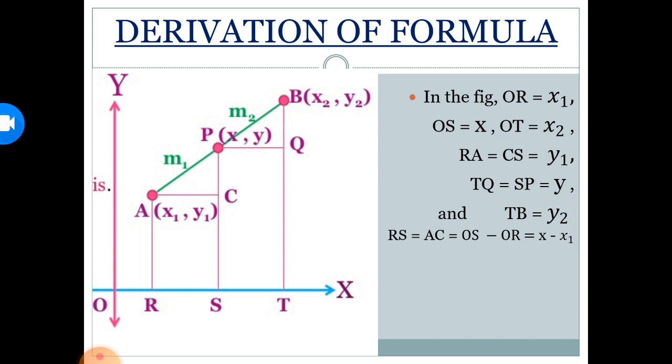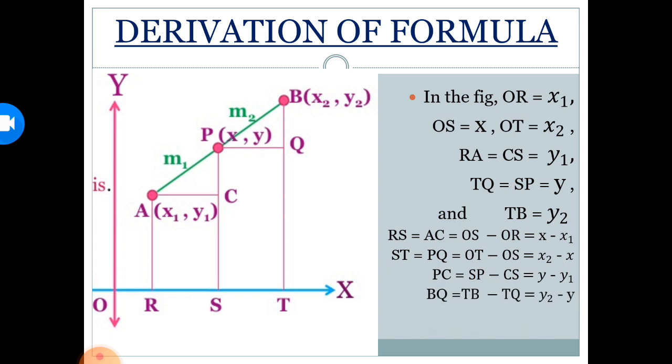So can we write RS equal to AC equal to OS minus OR, which is equal to x minus x1. ST equal to PQ equal to OT minus OS is equal to x2 minus x. PC equal to SP minus CS equal to y minus y1. BQ equal to TB minus TQ equal to y2 minus y. Also AP by PB equal to M1 upon M2.